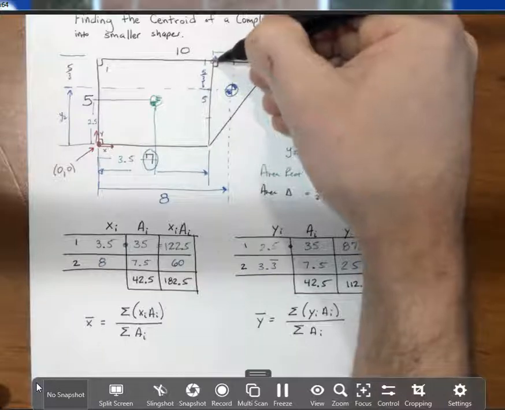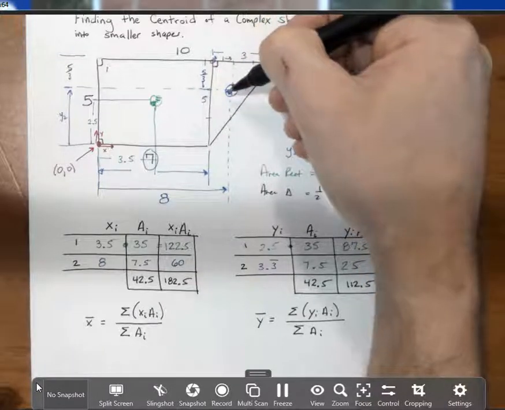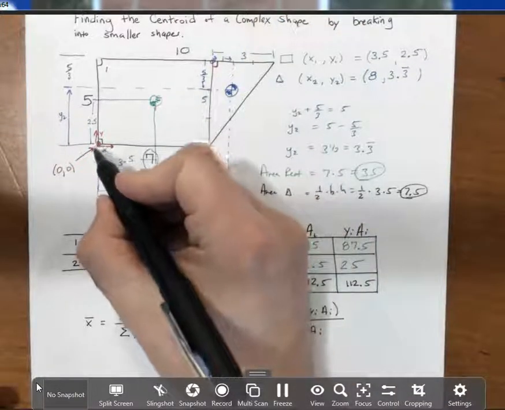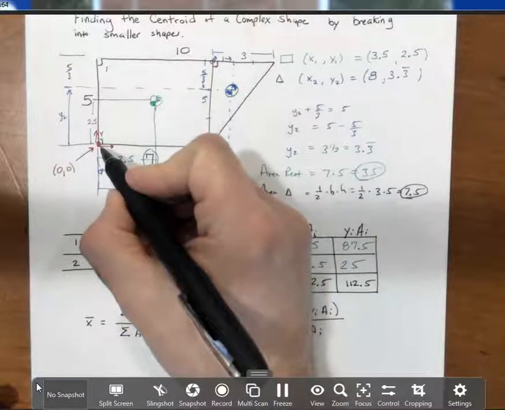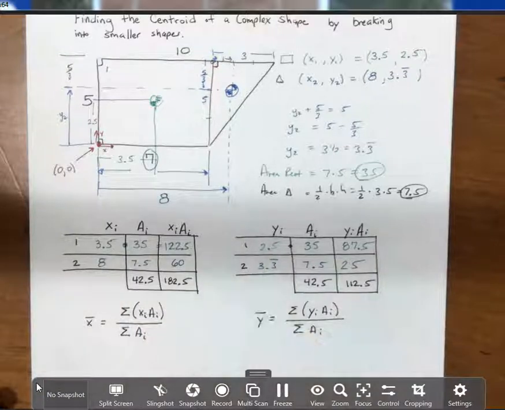While we used this right angle, that corner, to figure out where the centroid was, the coordinates are not expressed from this corner. They're expressed from what we established as our origin. So again, friendly reminder, establish your origin and make sure your coordinates, your x and y, are ordered pairs relative to that same origin for all shapes.